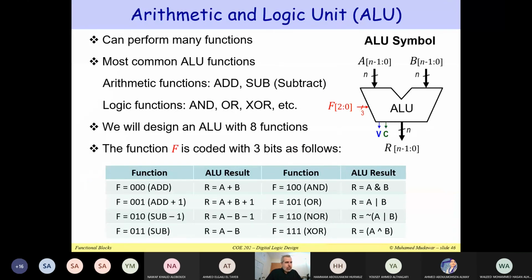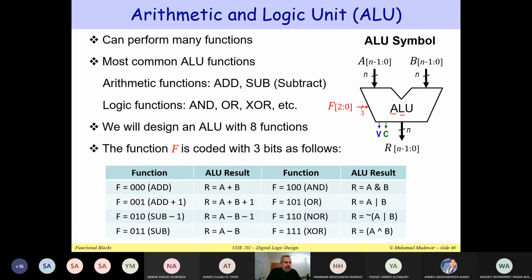Let me move on. Here's another design example. I would like to design a circuit that does arithmetic and logic operations. This is called an arithmetic and logic unit, or ALU. A here stands for arithmetic, L stands for logic.